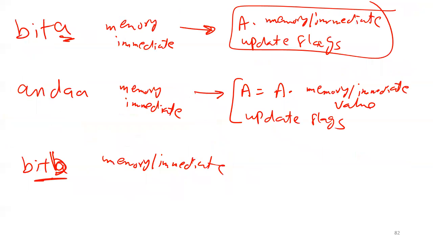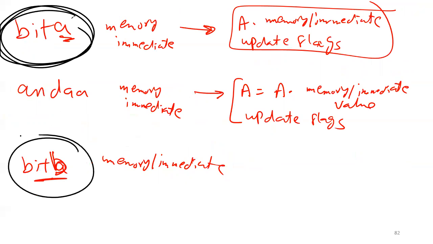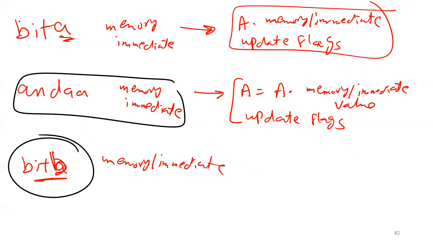These are the 2 instructions we have here: BIT A and BIT B. If you say BIT A and then put a memory location or immediate value, and if you say AND A, memory location, immediate value, what is the difference between them? The difference is exactly the same idea as subtract and compare.